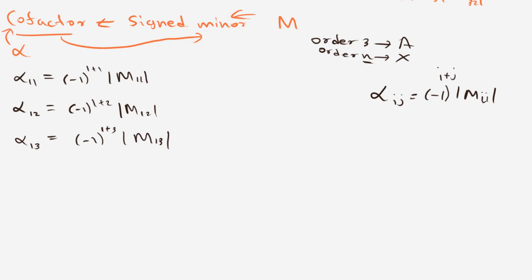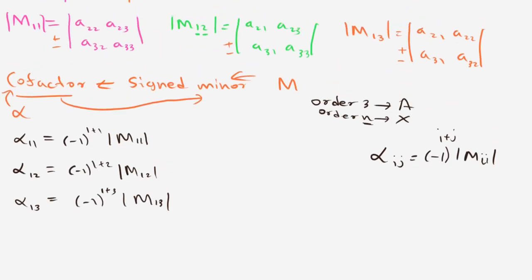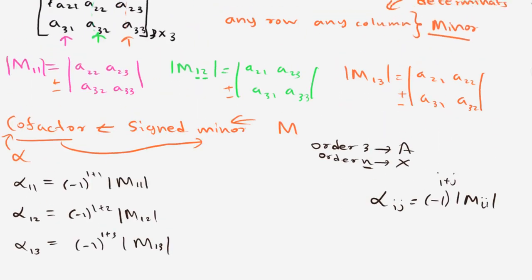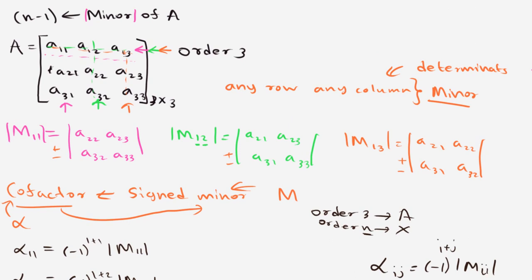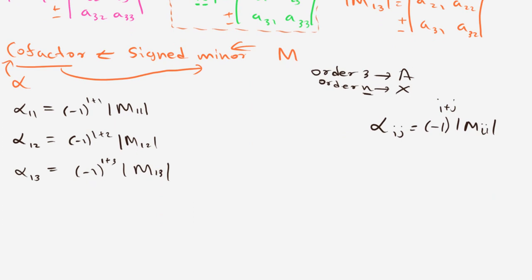Okay. So all you have to remember is, let me go to the beginning. So minor is something like this. You just remove a specific row and a specific column, and the cofactor is something like this. You just determine the sign of that specific minor.